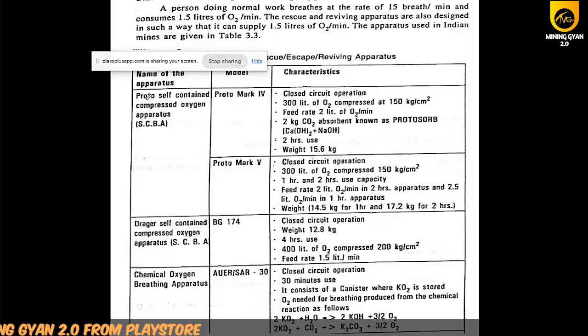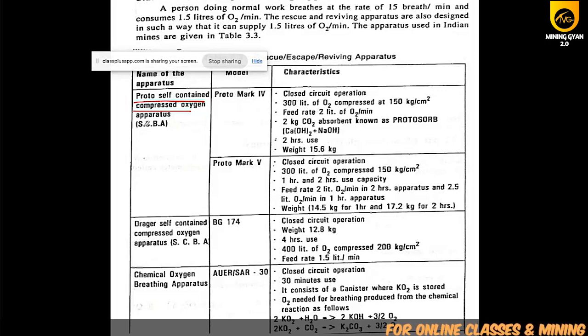First we will see proto self contained compressed oxygen apparatus. First I want to clear that I will just cover the information which is mentioned in the syllabus, because as I told you, our main focus is to complete the syllabus.